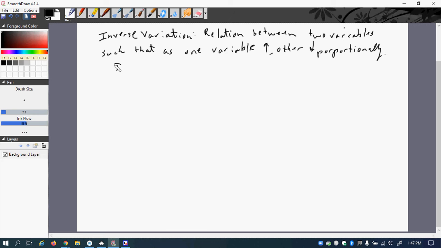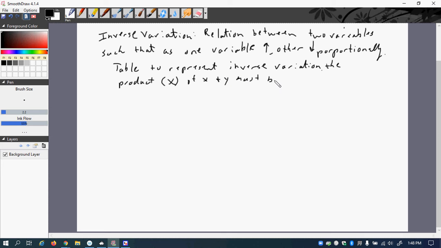So, if you're looking at a table, to represent an inverse variation, the product, which means multiplication, of x and y must be constant.